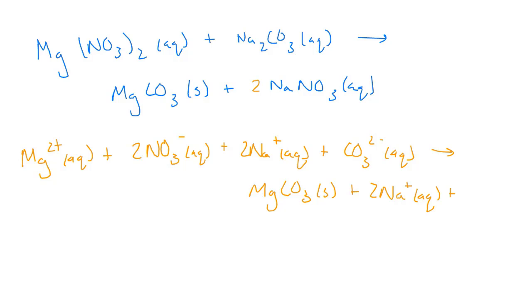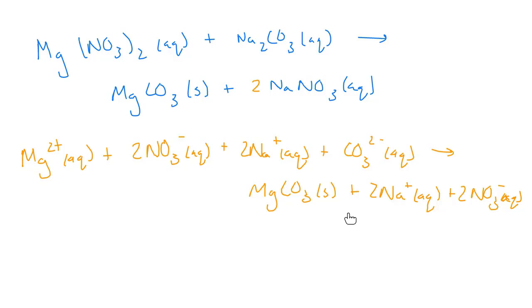So anything that has an aqueous state sign, I'm going to break it into ions. I didn't break apart magnesium carbonate because it is a solid, right? It does not break apart into solution. If it's already in solution, it didn't break apart, then it's not going to break apart.